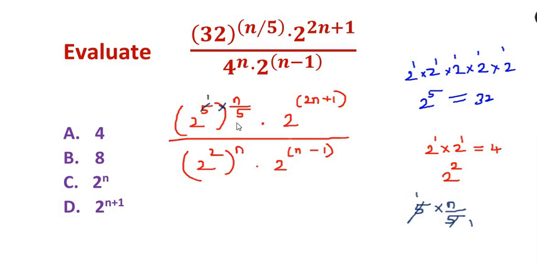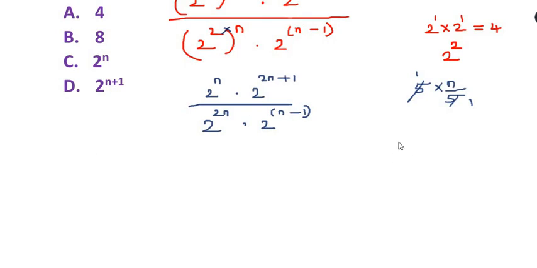So the term left over here is 2 raised to n times 2 raised to 2n plus 1, divided by, now this again there is a multiplication of powers, so we write it as 2 raised to 2n times 2 raised to n minus 1.